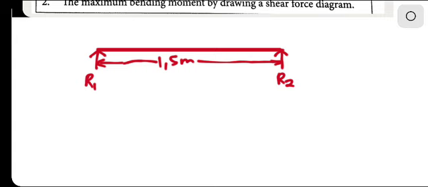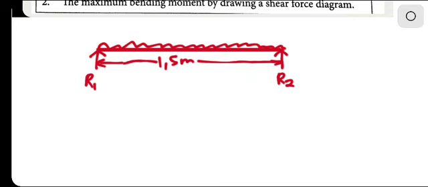Then what does it say again? Remember this, it says the beam has the weight of the shaft, which is 100. It's uniformly distributed, so picture it like this, guys, because it has that weight.